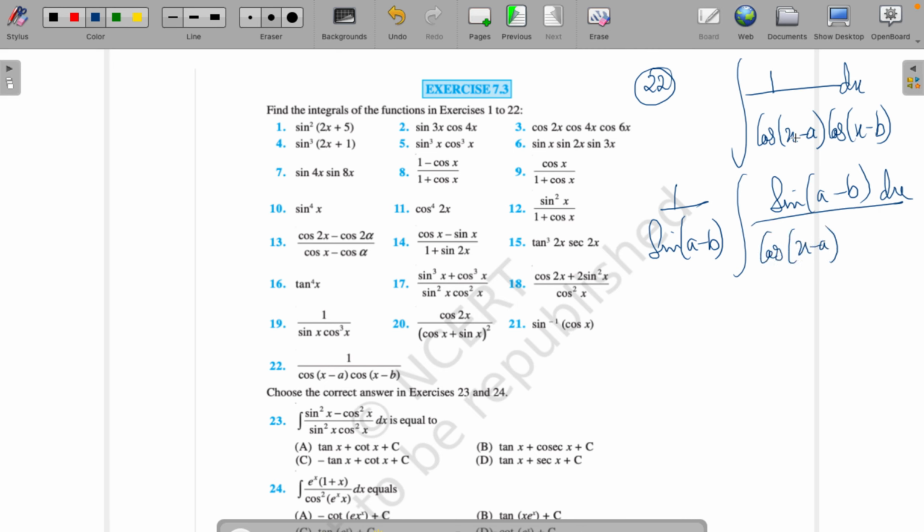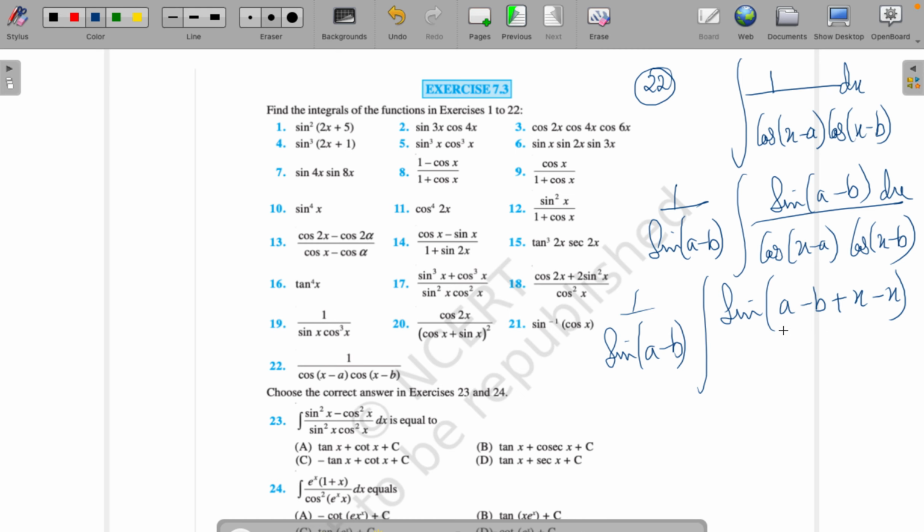That means somehow we have to create x minus a and x minus b. So how to create that? 1 upon sine (a minus b), integration of sine (a minus b plus x minus x). Mathematics rule again, children: if you are adding something, you have to subtract the same thing.